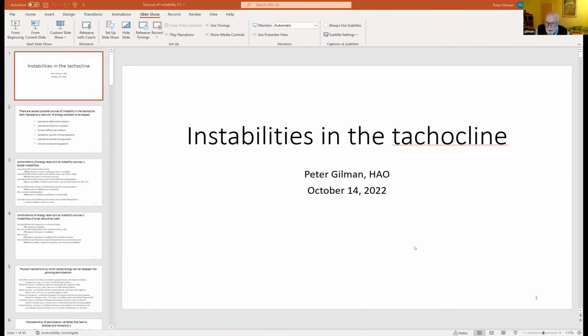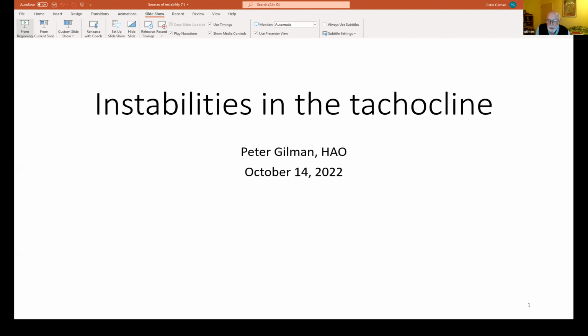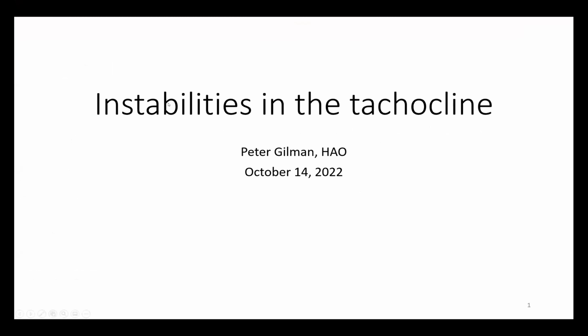There you go. Now we're starting to see something. Now you hit your slideshow from the beginning, top left. That makes it full screen. All set? Another couple of minutes to return and then.